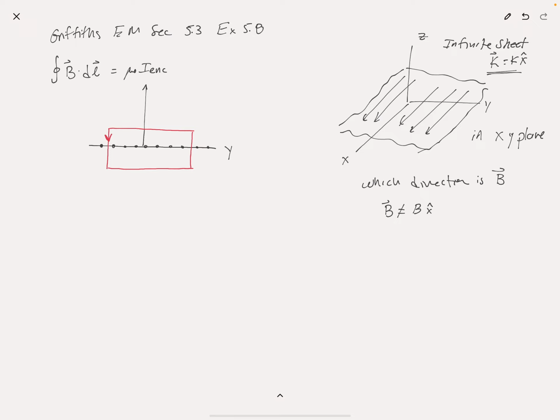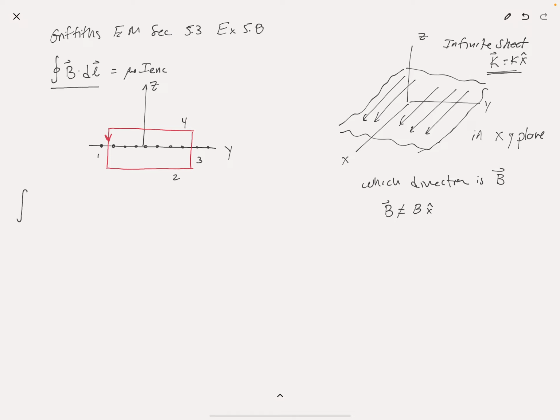If I'm going to calculate the left side, I need to do 4 integrals, because dl is changing as I go along each of these paths. dl is in the z direction for 2 of these, and in the y direction for the other 2. So I need to take this integral over 4 paths. I'll label them 1, 2, 3, and 4.